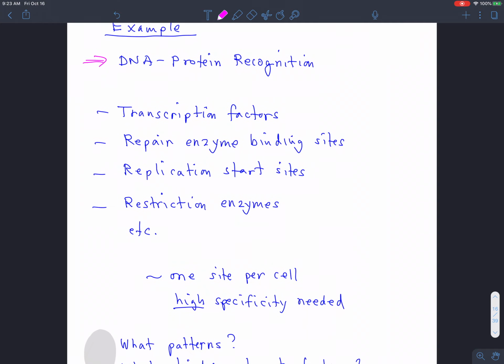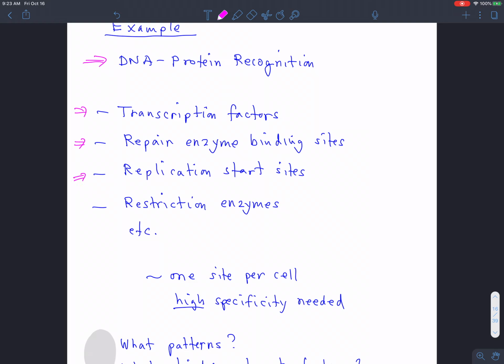So these kinds of things involve transcription factors, complexes of proteins bound to a DNA that initiate transcription or suppress it for that matter, repair enzyme binding sites, so you've got a DNA that's got some damage to it or some other kind of problem, and enzymes have to find that site and bind to it.